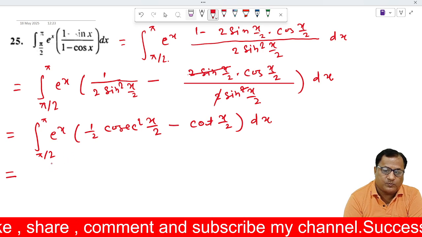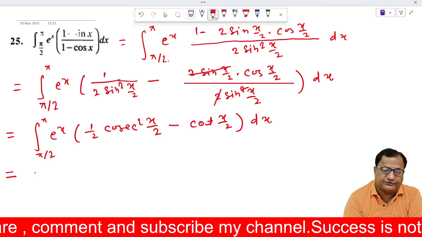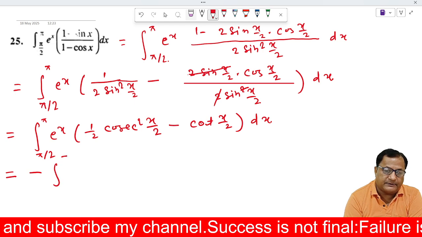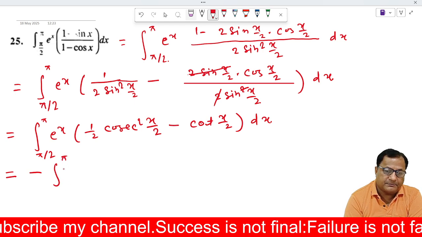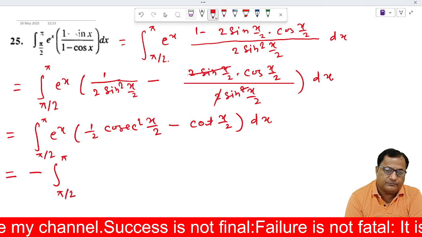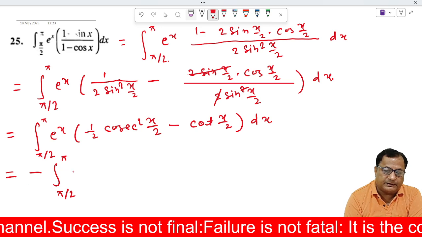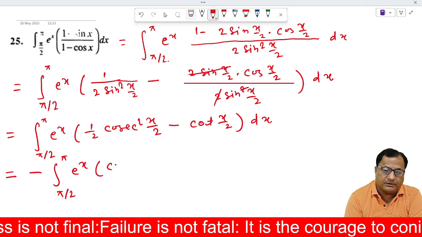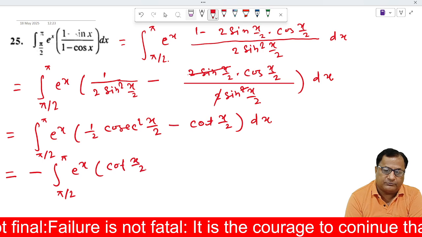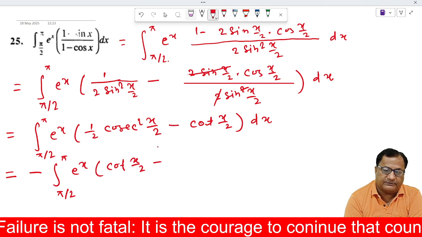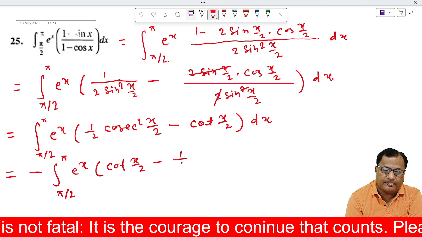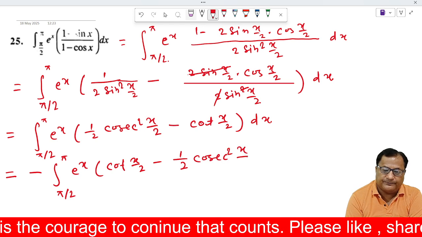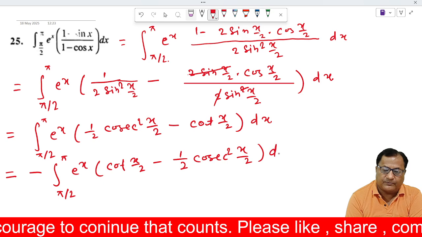Now if we take a minus out, then this will be the integral of e^x times [cot (x/2) minus 1 by 2 cosec square (x/2)] dx.